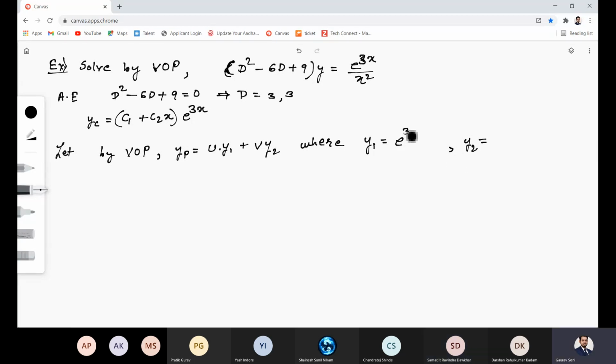E to the power 3x, and y2 will be x into e to the power 3x. Okay. So once we get y1 and y2, we need to find u and v. But for u and v, we need w. W is called the Wronskian.